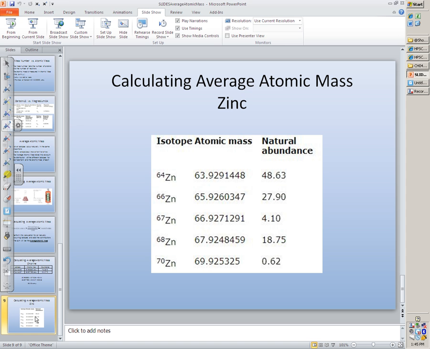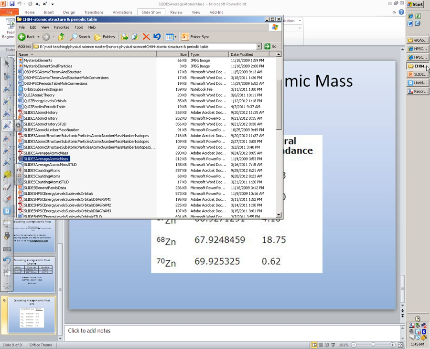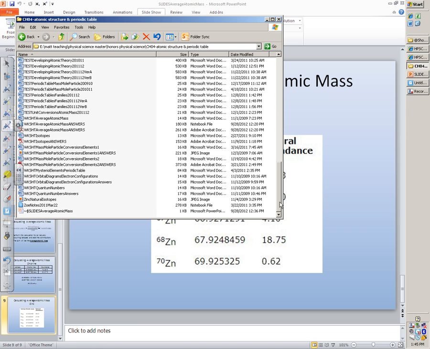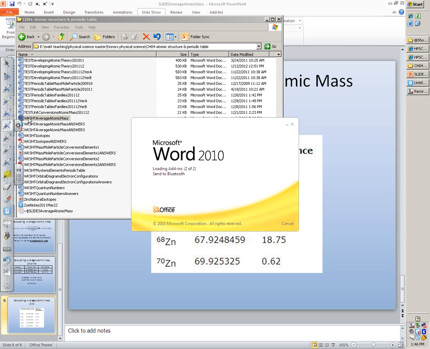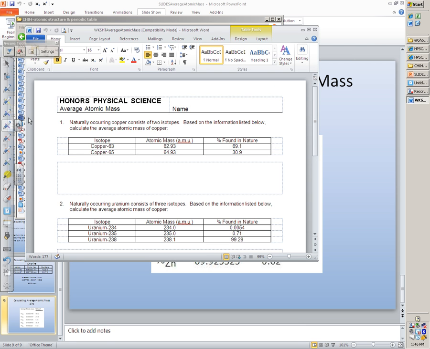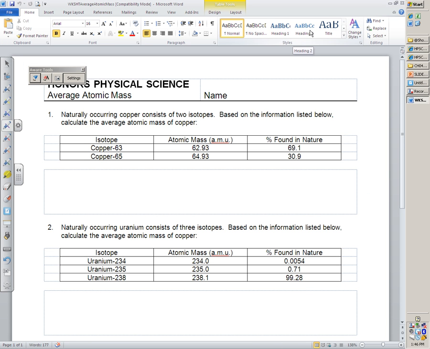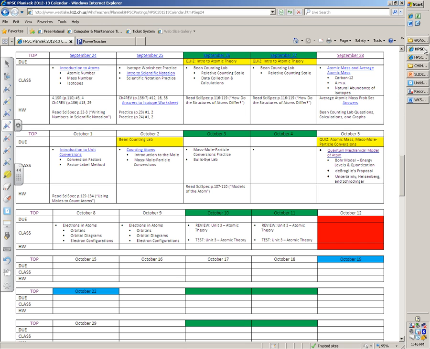Then on the back of the problem set where you figured out the protons, neutrons, and electrons, you have this average atomic mass problem set. Calculate there as well. If you look on the calendar, on September 28th, you'll see that answers are posted right there, so you can check those out. Yes, Katie, go ahead.